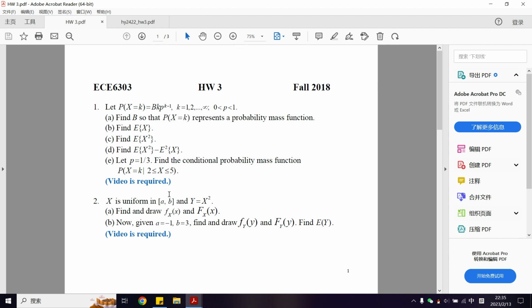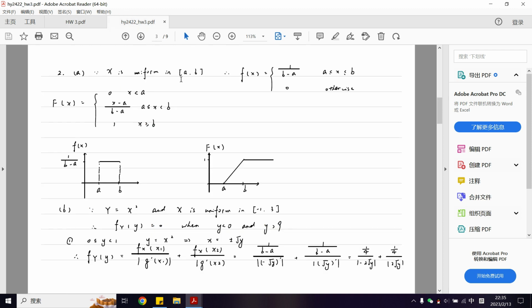So in question 2, first we need to find and draw small fx and big Fx. Since x is uniform from a to b, which means from a to b, fx has the same probability.